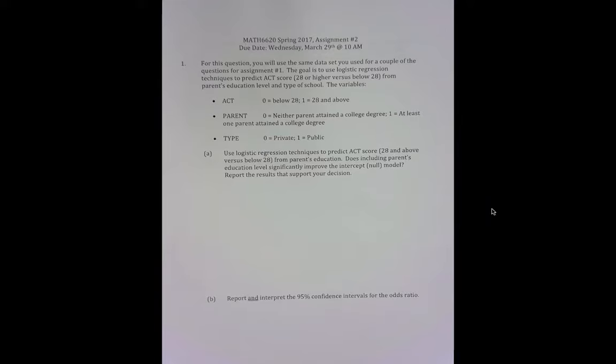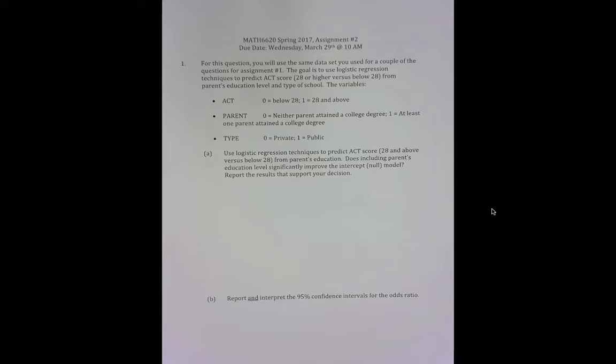So we would say something here in terms of the interpretation of the 95% confidence interval. There's a 0.95 probability that the odds of scoring a 28 or higher on the ACT, okay, let me back up here.